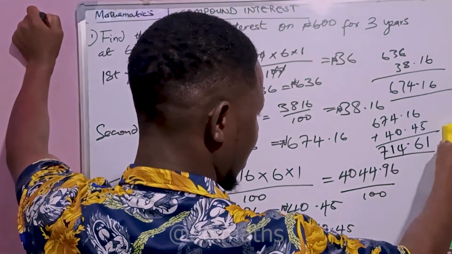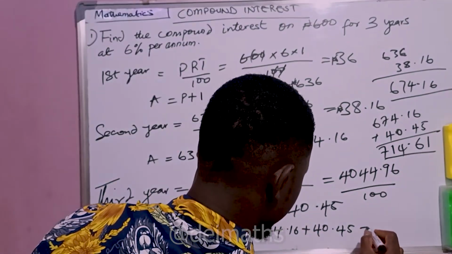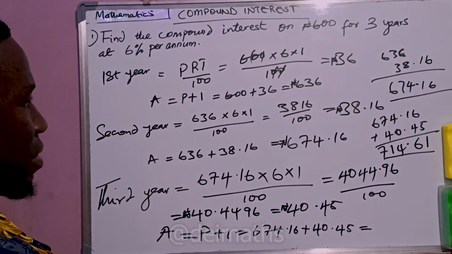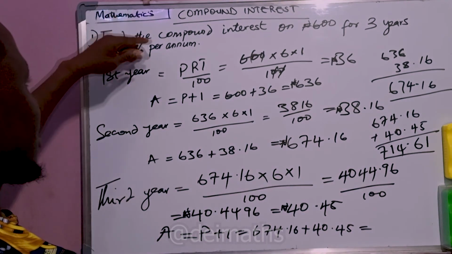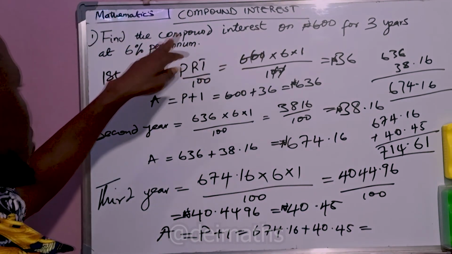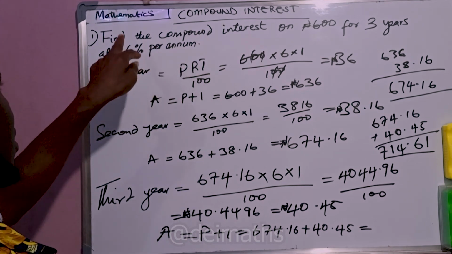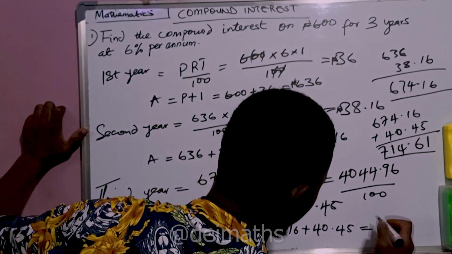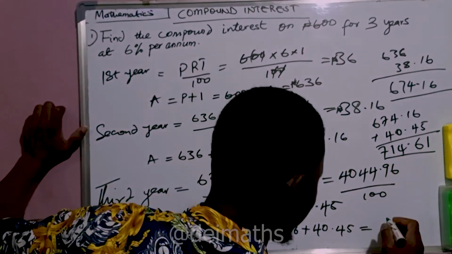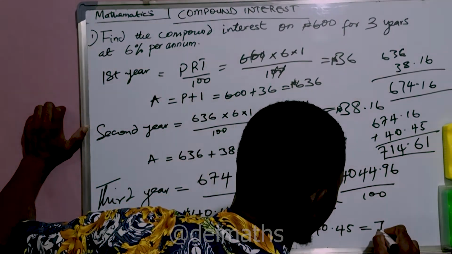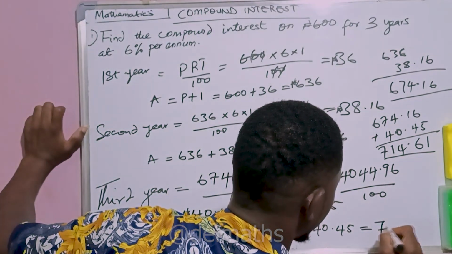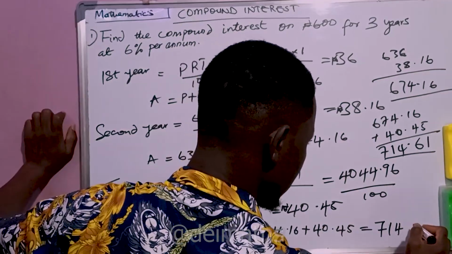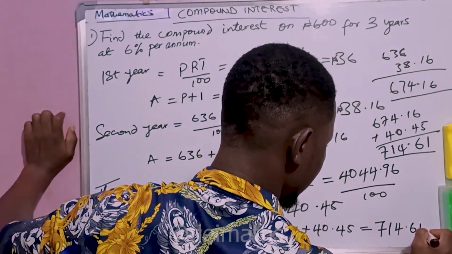So our total amount that we will obtain after the 3 years at compound interest at 6% is equal to, what do we get? 704.61.